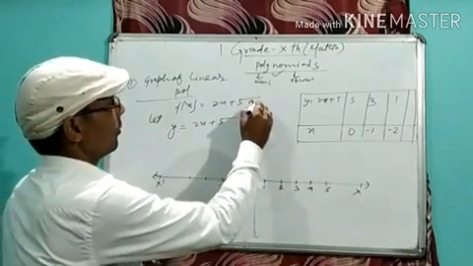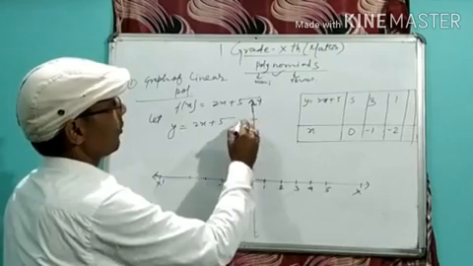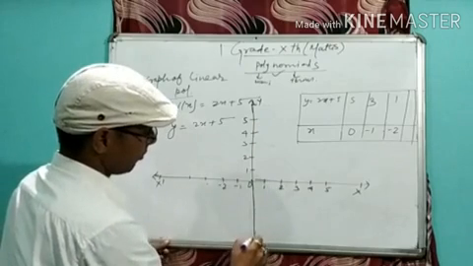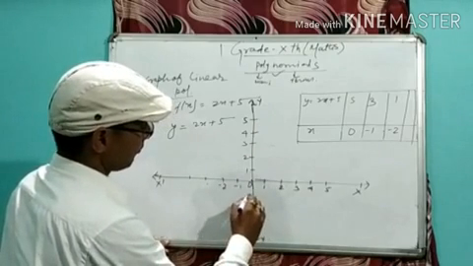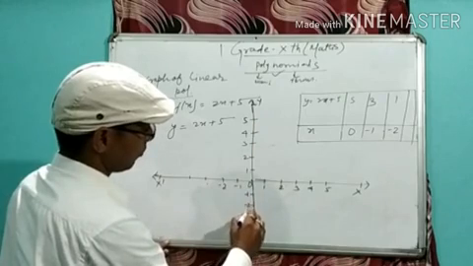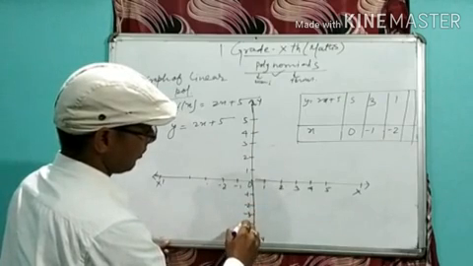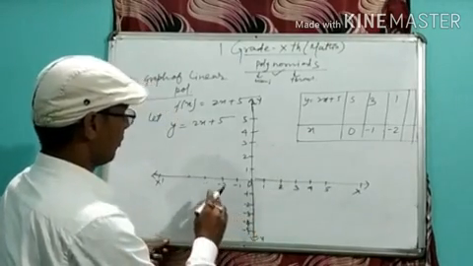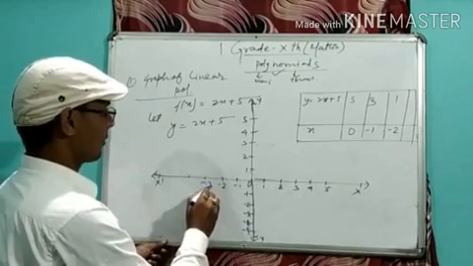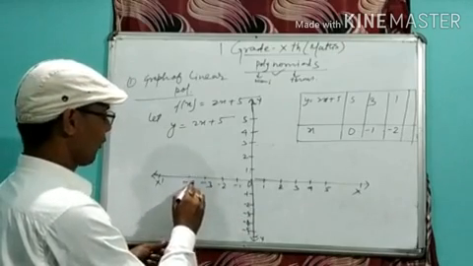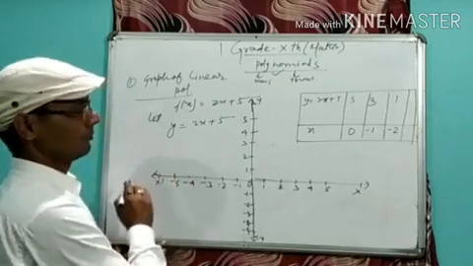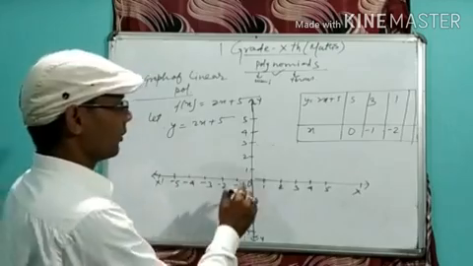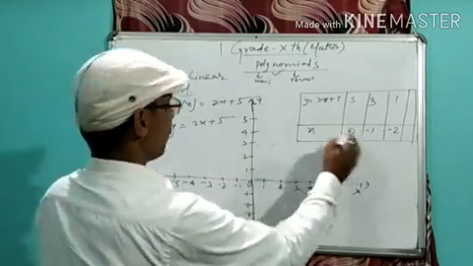We will write here also on the y-axis minus 1, minus 2, minus 3, minus 4, minus 5, and on the x-axis also minus 3, minus 4 and minus 5. Now I have to show it. On the x-axis, what is 0? Here.